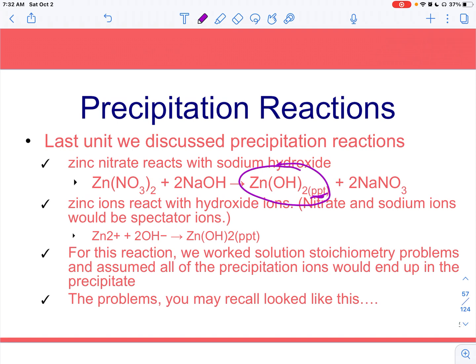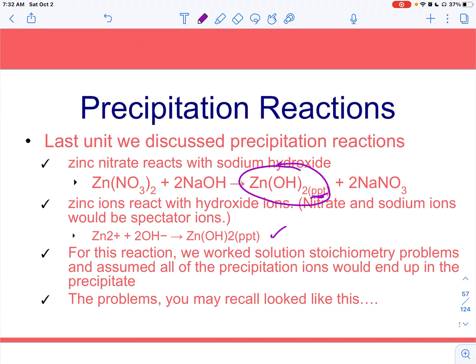So this would be the overall reaction, and then down here would be the net ionic equation. So what we talked about last unit when we did this is we said that we wouldn't worry about any leftover ions.